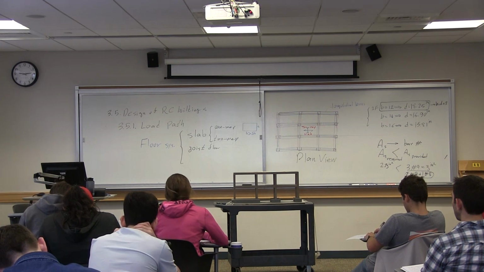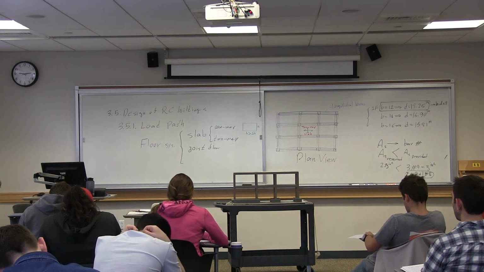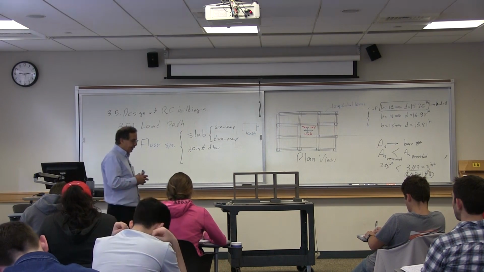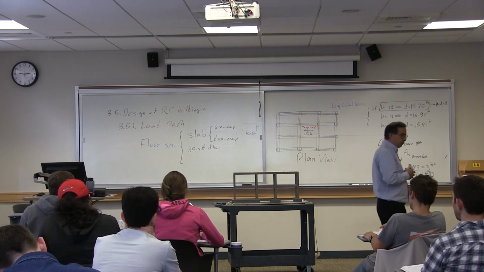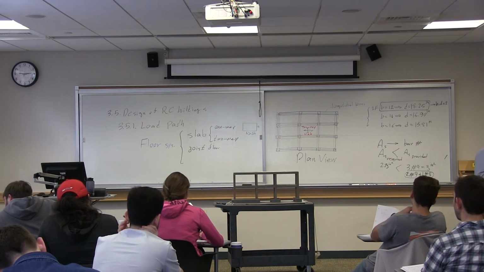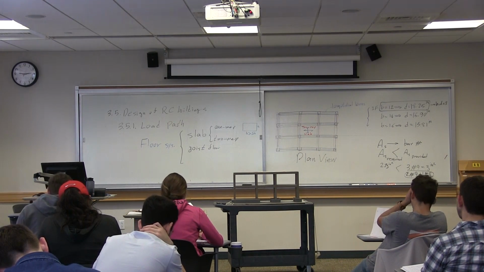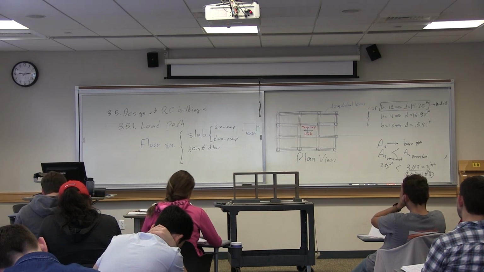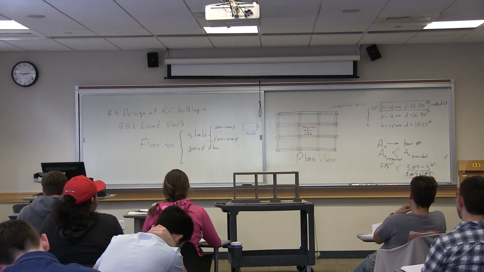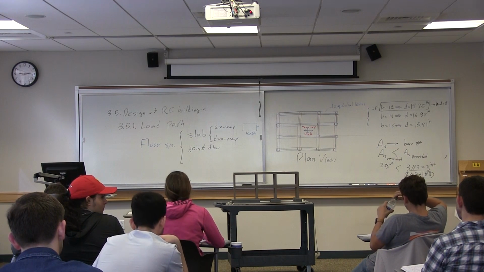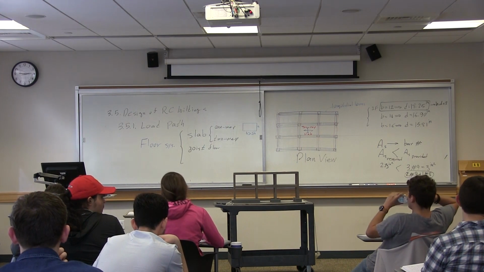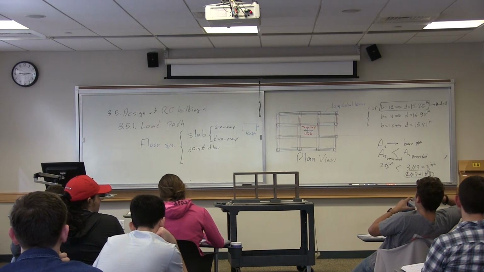If this is the case, B is more than 2A, which direction do you think the load is transferred and why? Would it transfer to the longer beams or to the shorter beams, and why? The longer beams. Yeah. The reason?